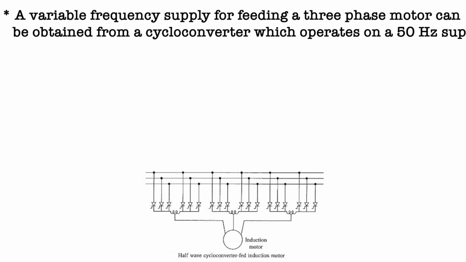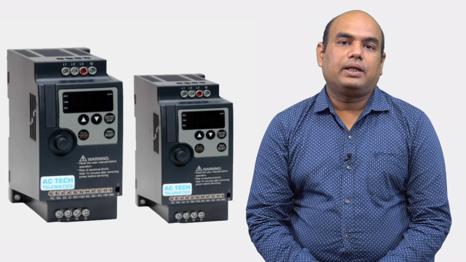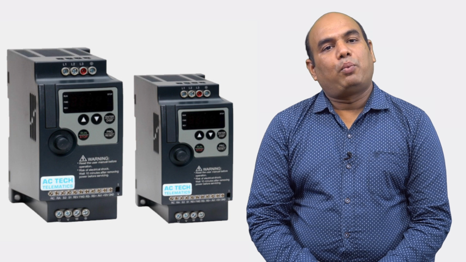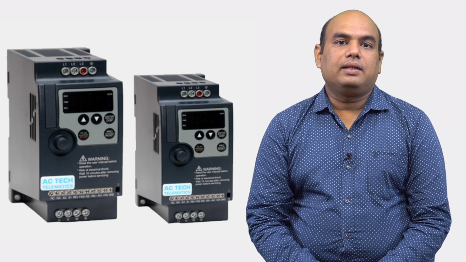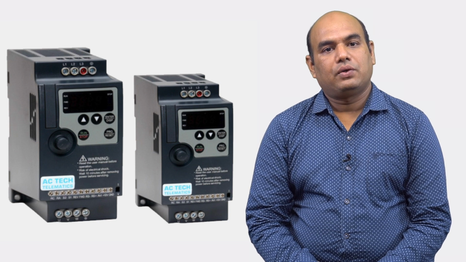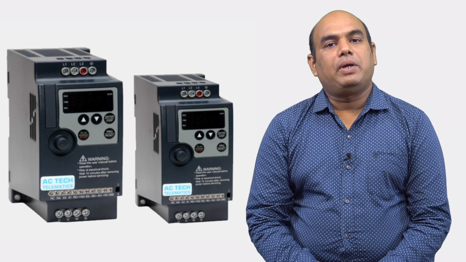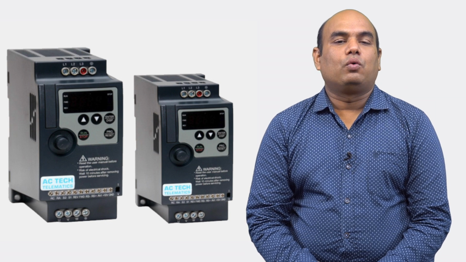Smooth motion is obtained at low speeds. A phase control of line commutated cycloconverter provides a variable voltage. The firing angle is varied over the period of the input voltage. The output voltage is made up of segments of the input voltage.